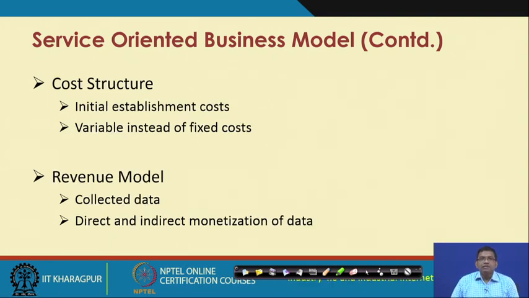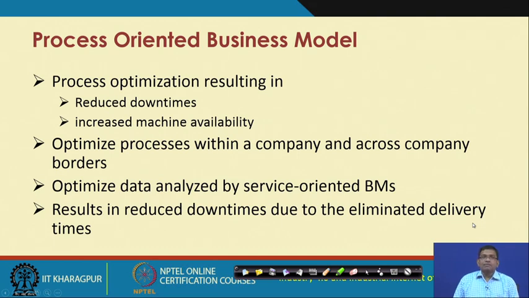Cost structure, the initial establishment costs, the variable versus fixed costs, these are important considerations. The revenue model: collecting the data, and also monetizing the data that is collected, directly or indirectly, are important aspects in this kind of business model.